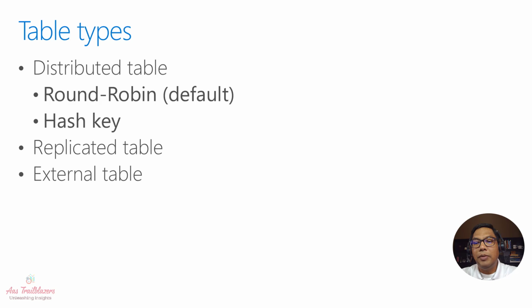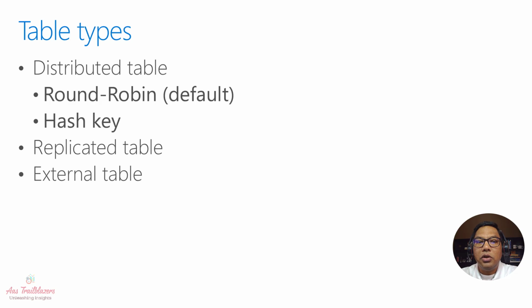The data will be spread evenly over the 60 distributions that we have in the database for each of the tables. Whereas hash distributed uses a deterministic hash function to determine on which distribution a particular row should be stored. These 2 different distributed types of table are largely suited for large tables.